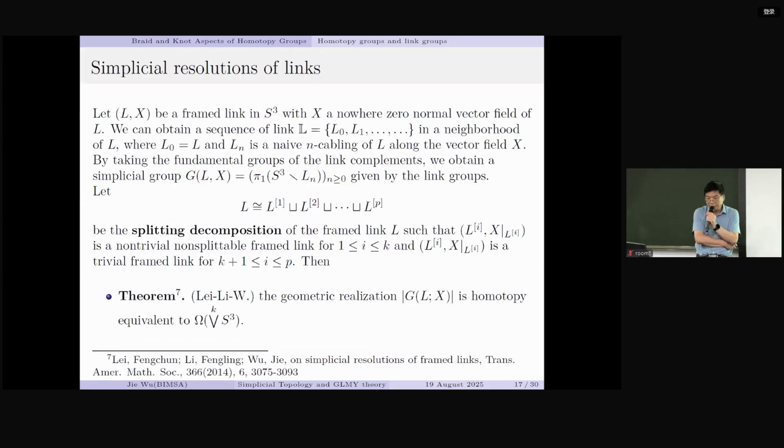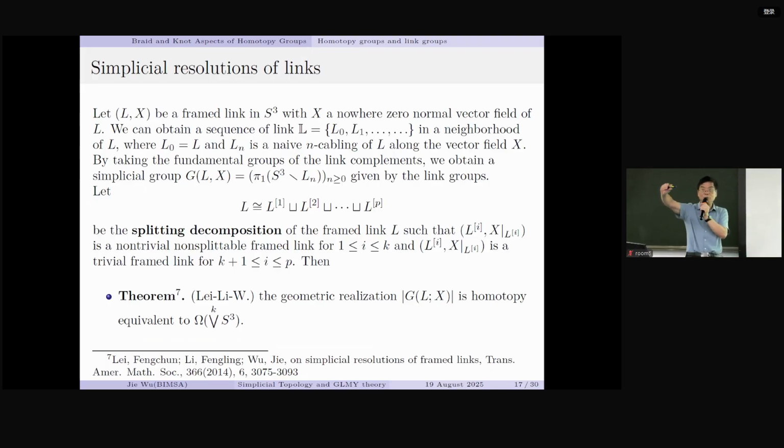Okay, so now let me say a bit on knot theory, right? For any knot or link, you can look at the framed knot or framed link. In other words, you get a knot or link, and you put a nowhere-zero normal vector field in there, right?